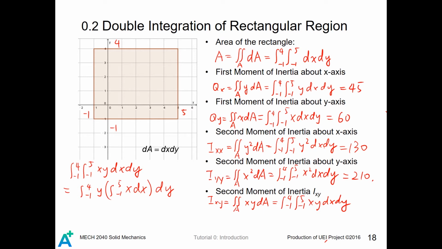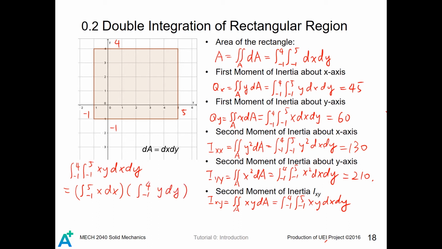Since this piece, after evaluating it, will become a constant, you just take it out. The entire integral will become the integral from -1 to 5 of x dx times the integral from -1 to 4 of y dy.